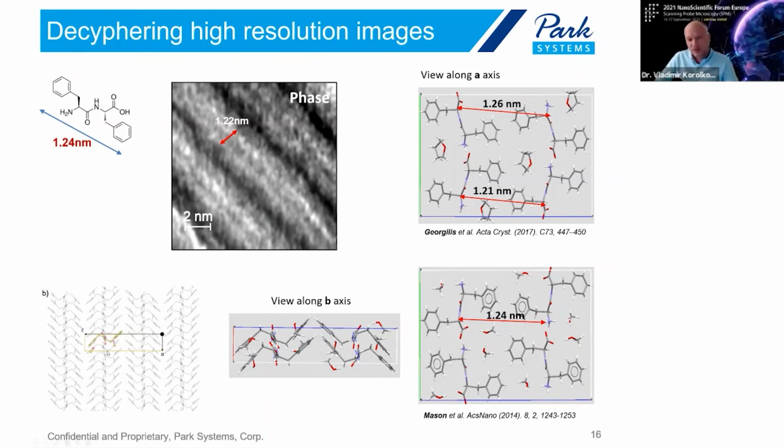So with the molecules running along the principal direction of the forming rows and of the peptide nanotubes, we measure the same number. We measure 1.22 in AFM, and the same number comes from X-ray crystallography. That is really remarkable. But we probed that property on a nanoscale, on a few nanometers, as you can see here.